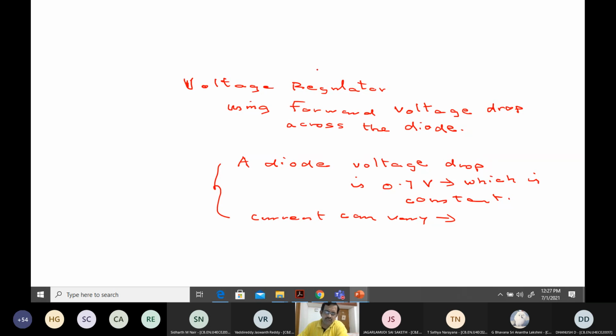So this fact is used in constructing the voltage regulator. By regulator, first let us understand that a regulator means something that supplies a constant parameter. Here we are talking about a voltage regulator. So the voltage regulator is a device that is capable of supplying constant voltage.